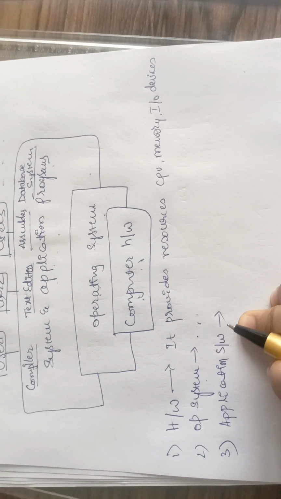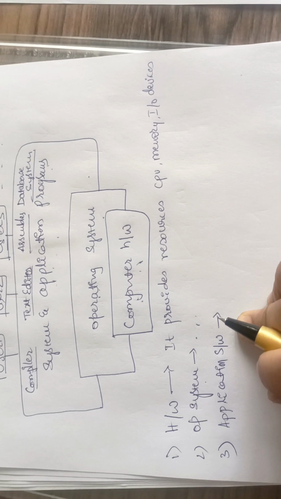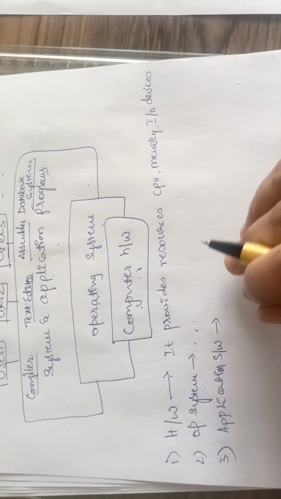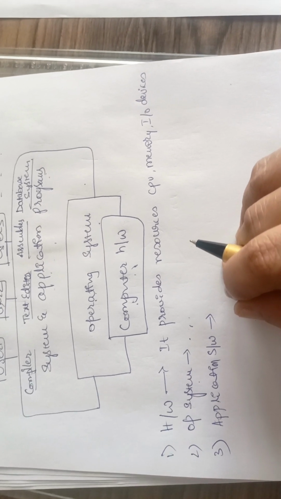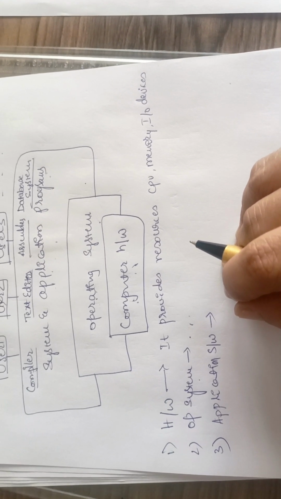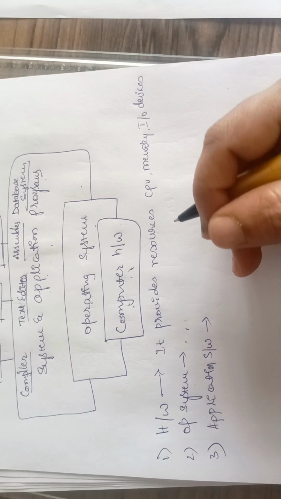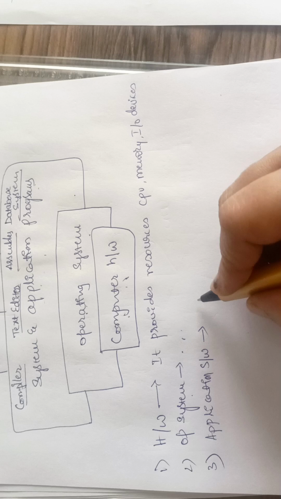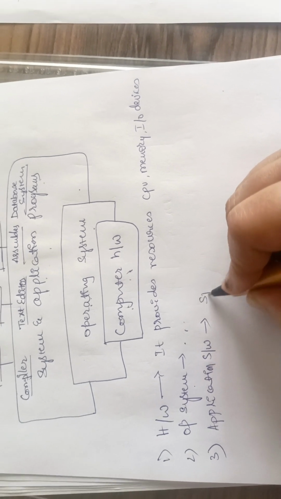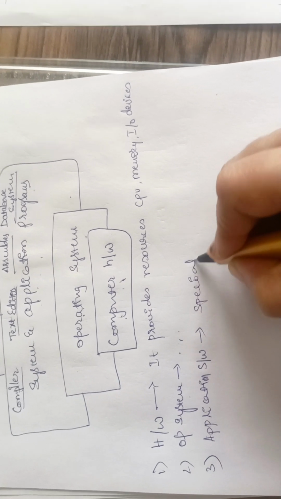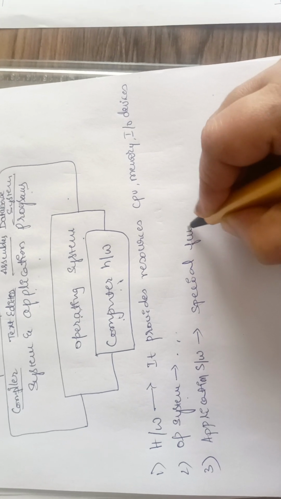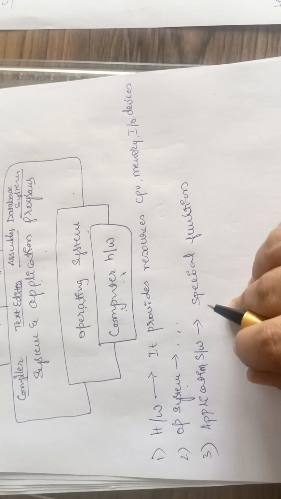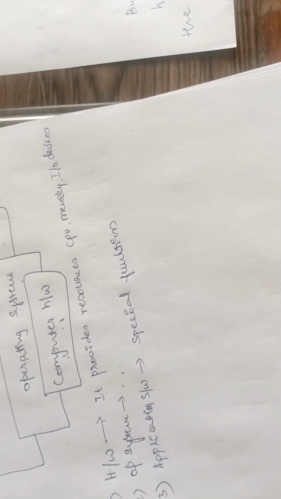Application software means the resources are used to solve the computing problems of the users, like word processors, compilers, web browsers, database systems, video games, etc. Okay, so that means some special functionalities. If you want to work on some special functionalities, we require this application software.